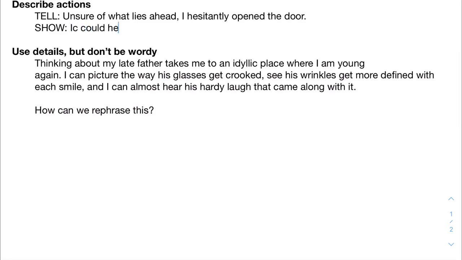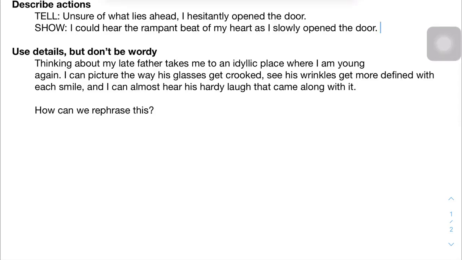I could hear the rampant beat of my heart as I slowly opened the door. So, I could hear the rampant beat of my heart as I slowly opened the door.